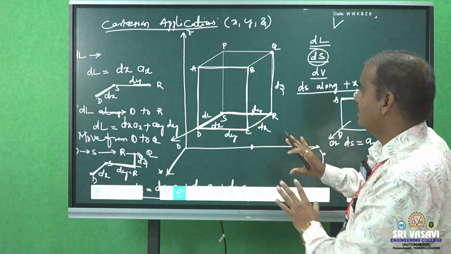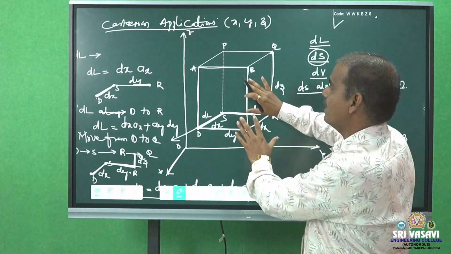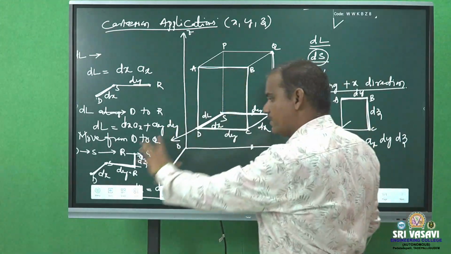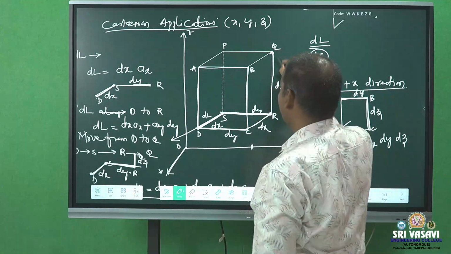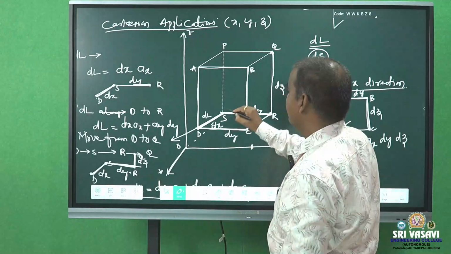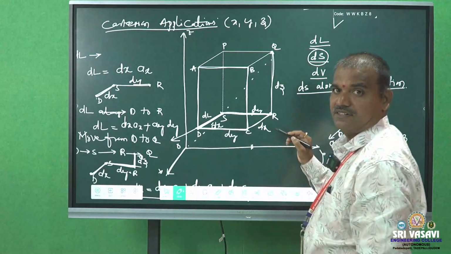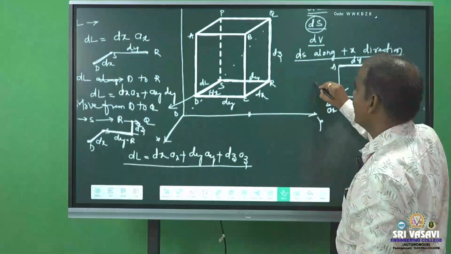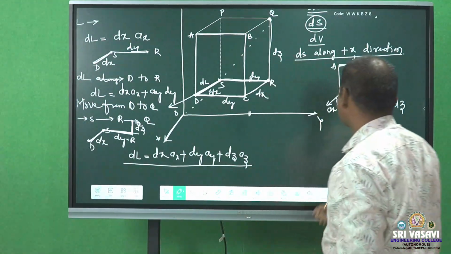For example, consider the opposite of this box. A, B, C, D come under the positive x direction. Let us take P, Q, R, S under the negative x direction. If you write the negative x direction, it is the same, but we have to represent the box.